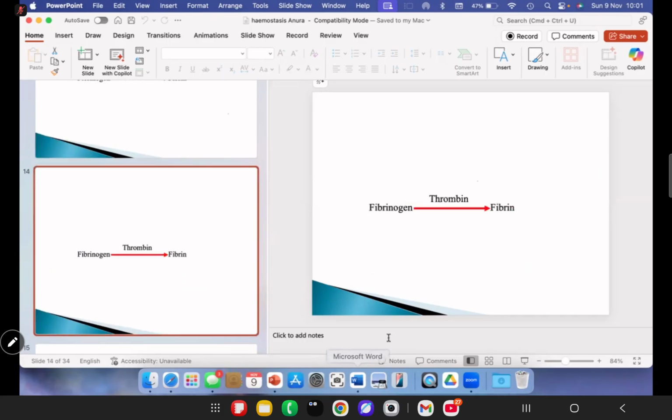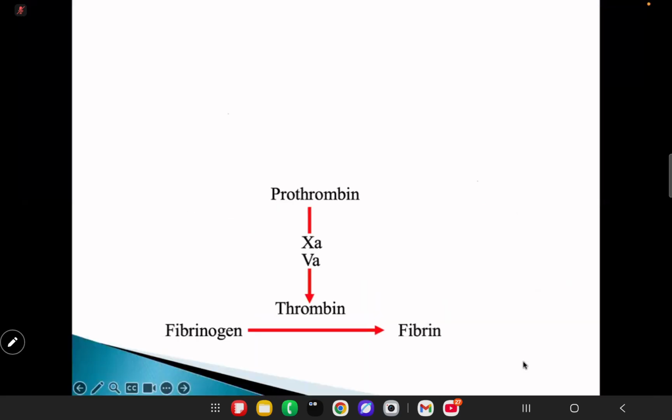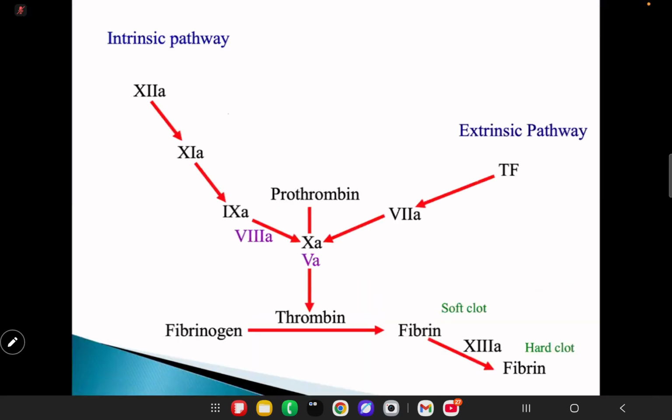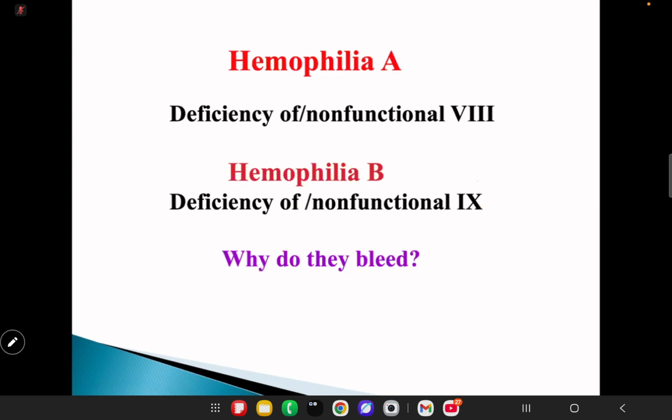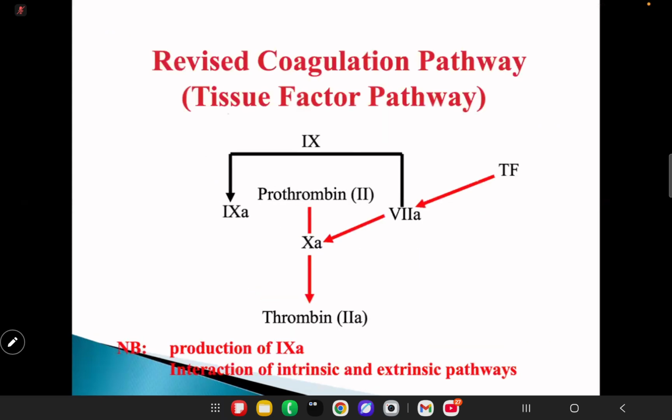There's another interaction actually. This is the common pathway, factor 10 and thrombin, factor 2, and this is the tissue factor pathway. If you can remember, that's factor 7.